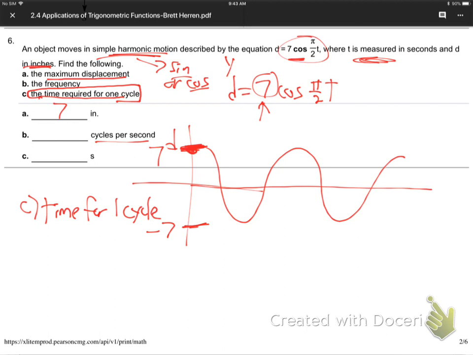Now, what do we mean, one cycle? Well, we mean it starts here, goes down, goes back up. From there to there. That's one cycle, isn't it?